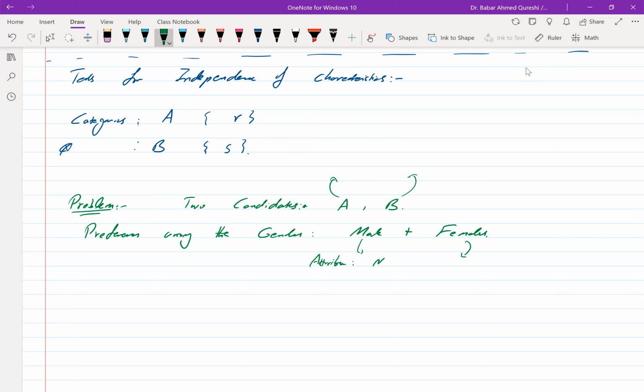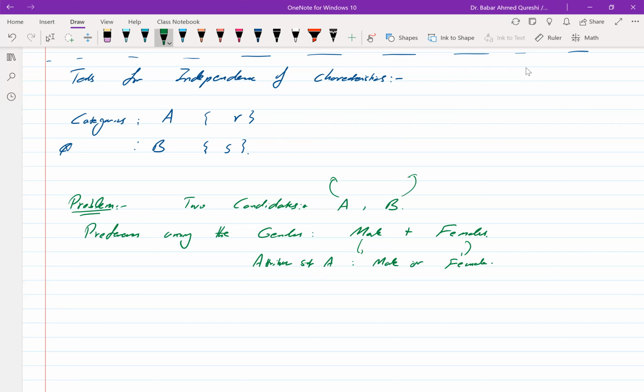One set of attribute is: is the person male or female? So let's say attribute set A, male or female.